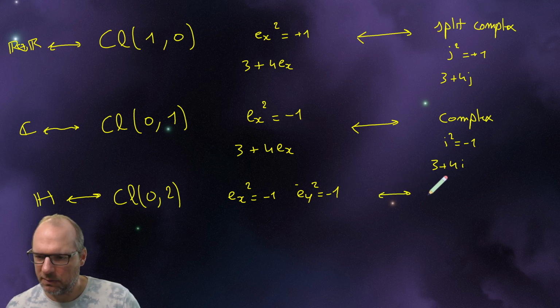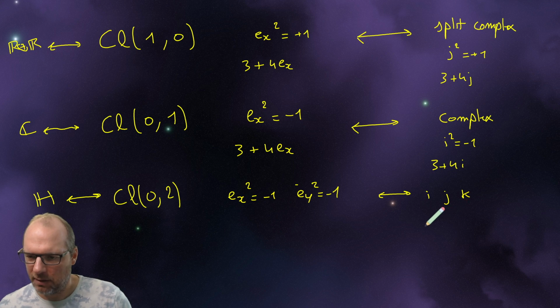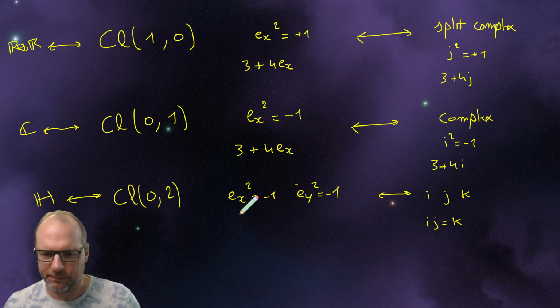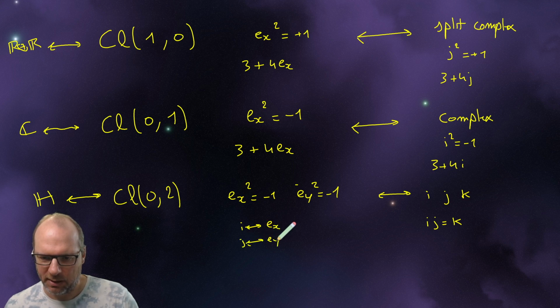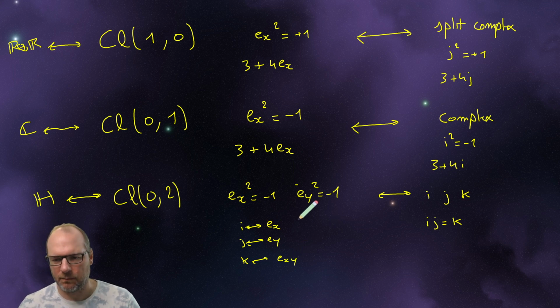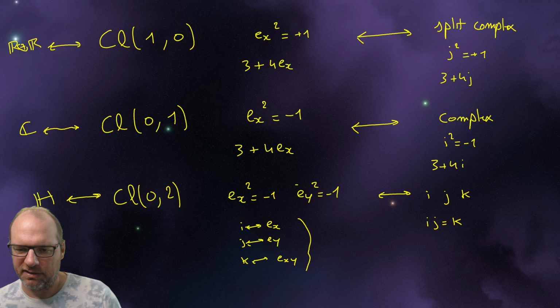In the quaternions, we have i, j, k. So where is the k? In fact, if you know the rules of quaternions, we know that k is ij. So if we identify i with e sub x and j with e sub y, then k is e sub xy. So the last symbol is our e sub xy.